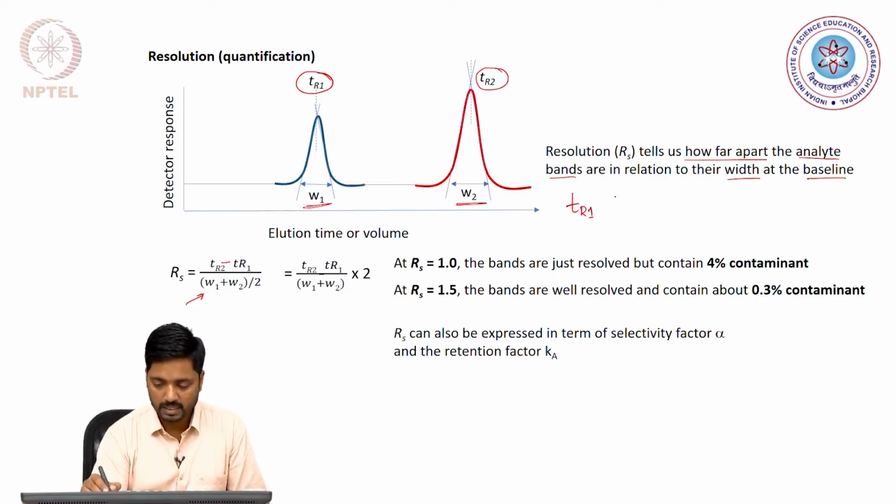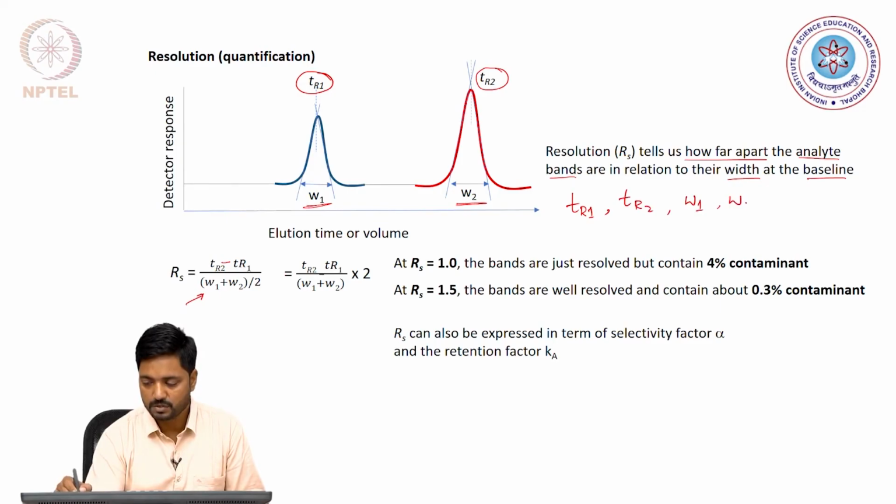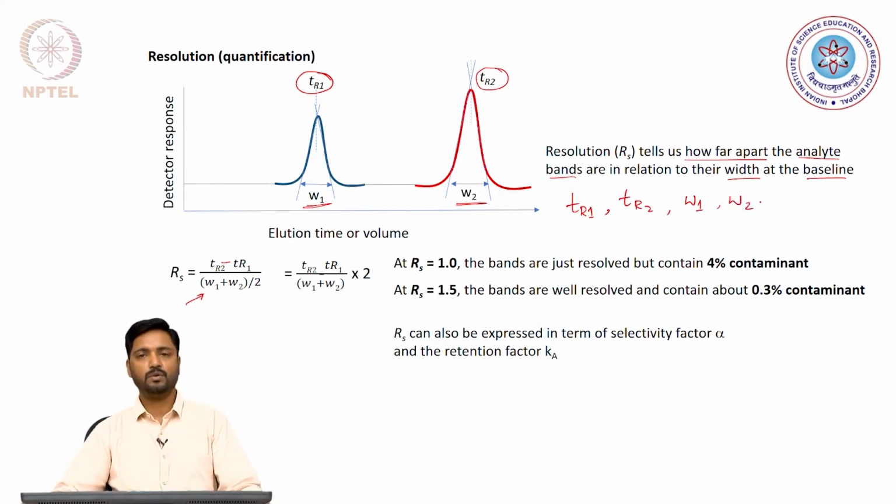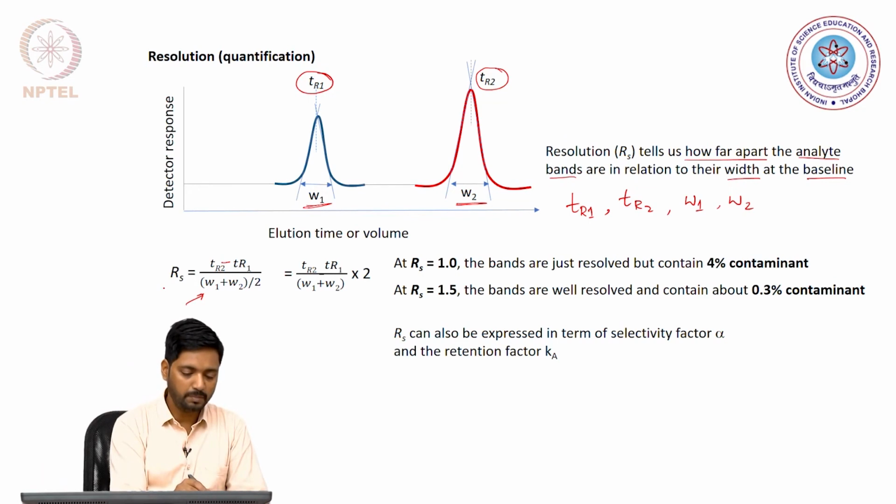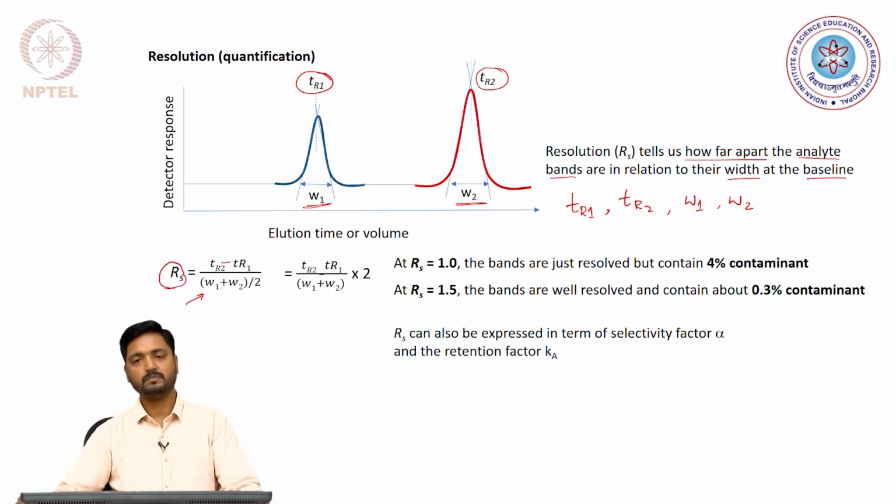So, the resolution can be very straightforwardly calculated from the chromatograms if we know Tr1, Tr2, the widths W1 and W2. These of course are very readily available from the chromatographic profiles, so it would be straightforward to calculate the resolution for the peaks of our interest.